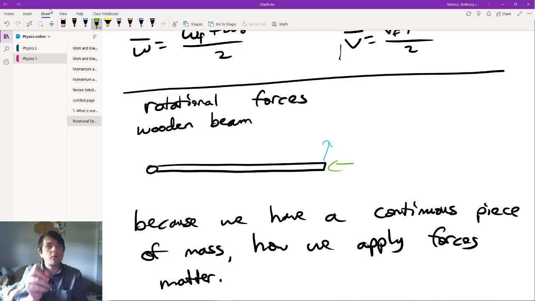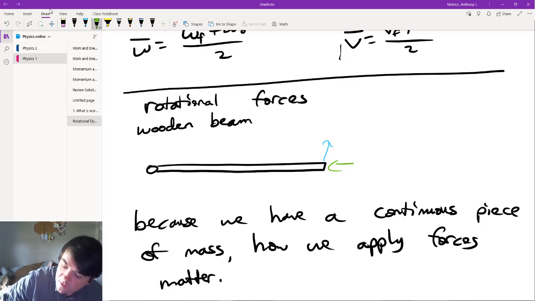If I were to push on something into the axis, like imagine a door, you're pushing into it, it won't rotate. If I treat my finger as the axis of rotation and I push in on my phone, it's not going to rotate. I have to push up on some level to rotate about my finger.